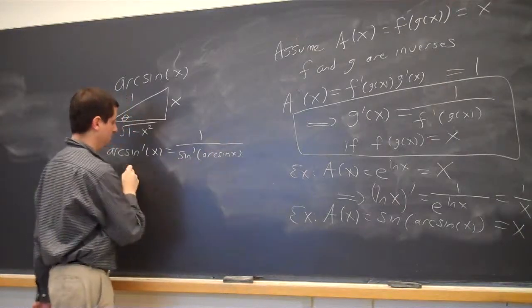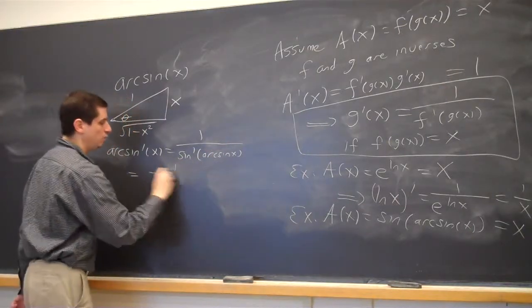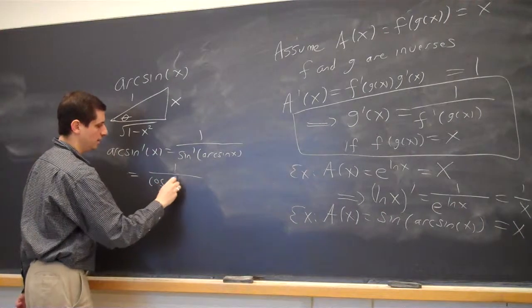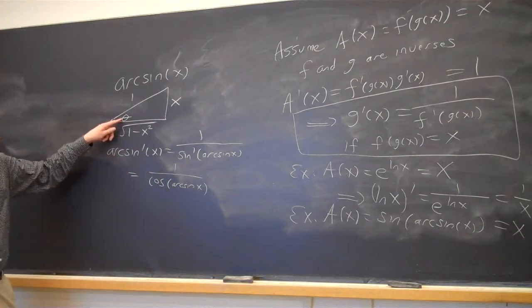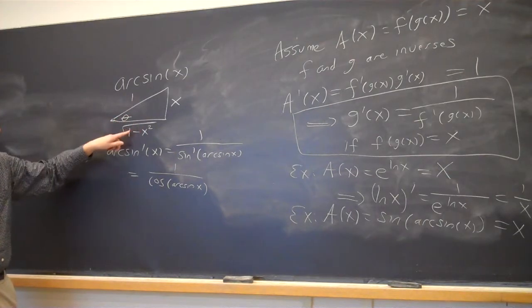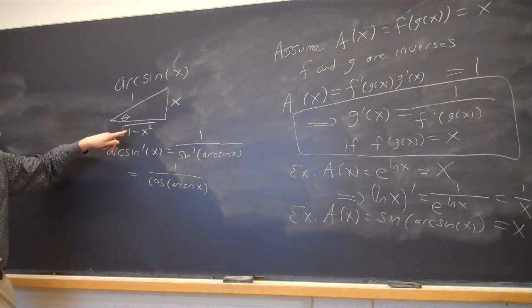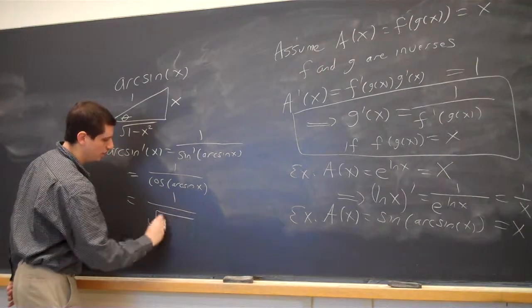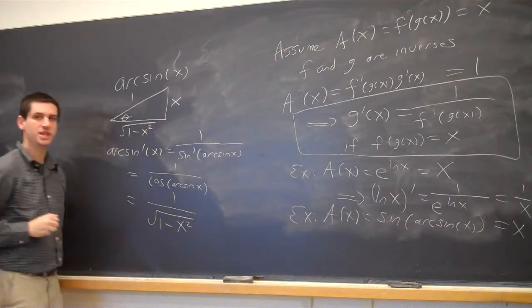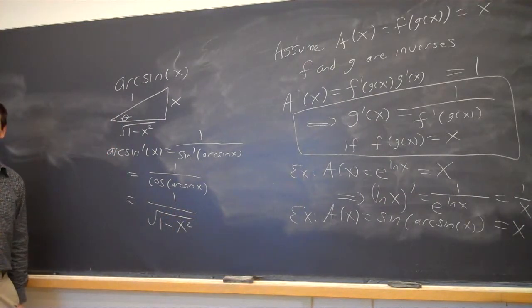What's the derivative of sine? So I have 1 over cosine of arc sine of x. Well, what's the cosine of the angle whose sine is x? Adjacent over hypotenuse, which is going to be the square root of 1 minus x squared. So there is your formula for the derivative of arc sine: 1 over the square root of 1 minus x squared.